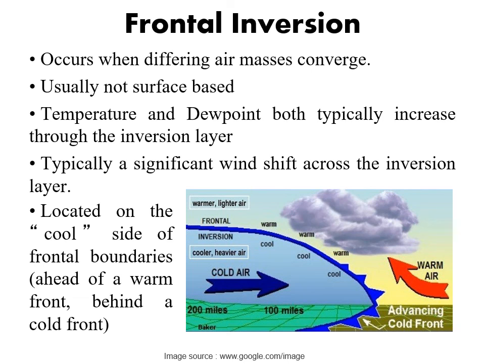As you can see in this picture also, the boundary between the cold air and warm air is always sloping, and this is the main characteristic feature of frontal inversion.